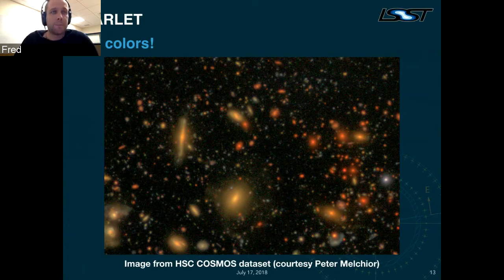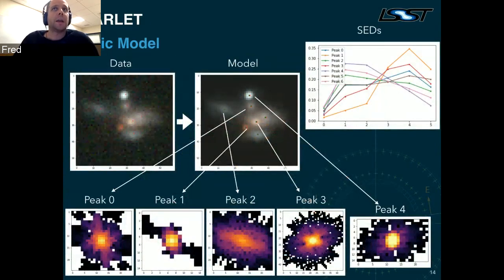The basic model that we use is that every object is made up of components. It may be just one component for a star. For a galaxy, you may have a bulge and a disk. However you end up breaking stars and galaxies up, we say they're a collection of components.